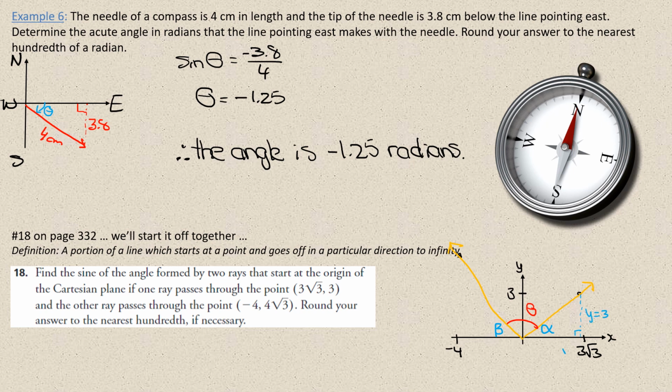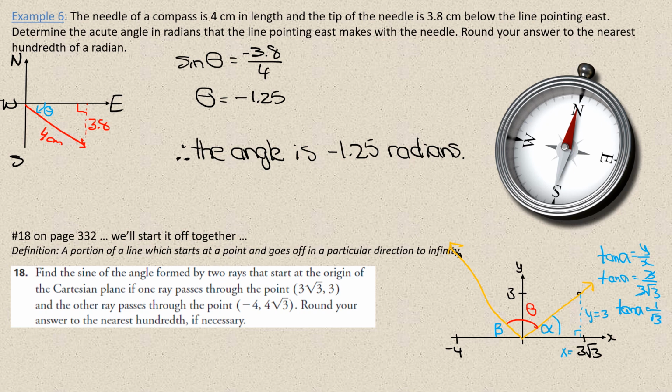I know that my x value is a 3√3, so out of sine, cosine, tan of alpha, we're going to use tan, because tan of any angle is y over x. So tan of alpha is 3 over 3√3. And I can actually cancel out these 3's to simplify it a bit, tan of alpha is 1 over √3.